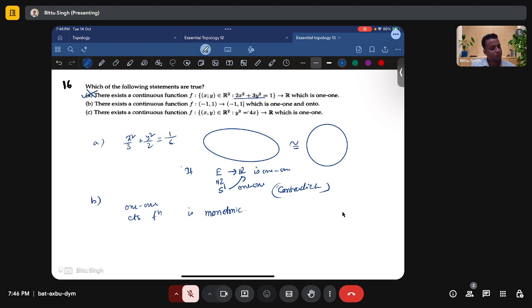For example, let x < y, and suppose y < z, but f is not monotonic. Then what kind of contradiction will we get?